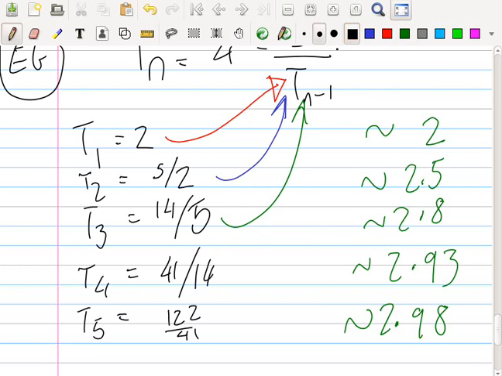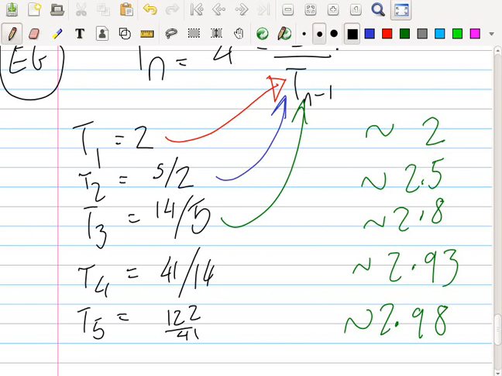So what type of sequence is this? Convergent, divergent, or periodic? Convergent, because it is not going to infinity, it is moving towards a constant.